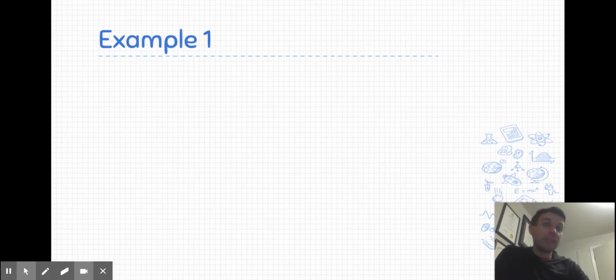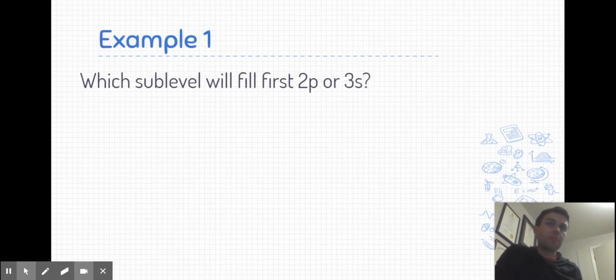So let's look at an example here. Let's take a 2p and a 3s sublevel. On the previous page, we did use the term orbital, and when I'm using the term sublevel, I'm going to use them a bit interchangeably here, because what I'm talking about are orbitals found at the 2p sublevel or the 3s sublevel.